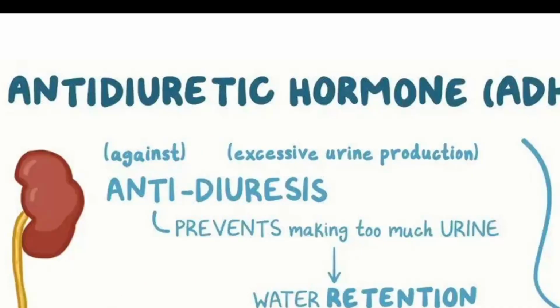And this hormone is vasopressin, the antidiuretic hormone. It also causes vasoconstriction, meaning constriction of the lumen in blood vessels, and together with water retention and preventing too much urine, it increases the blood pressure of the body.